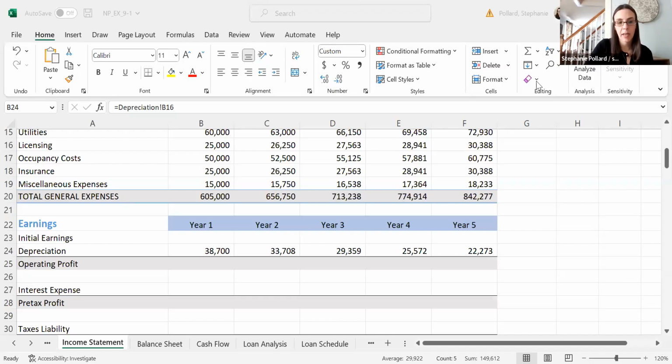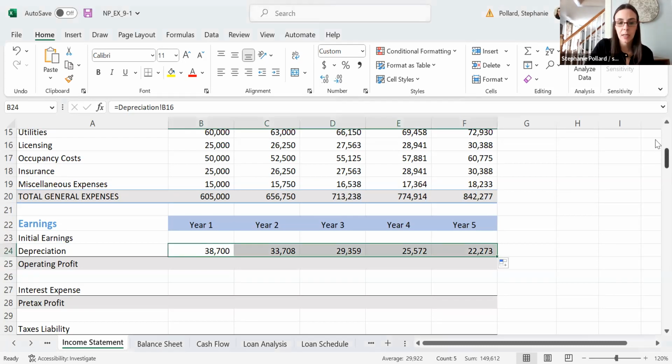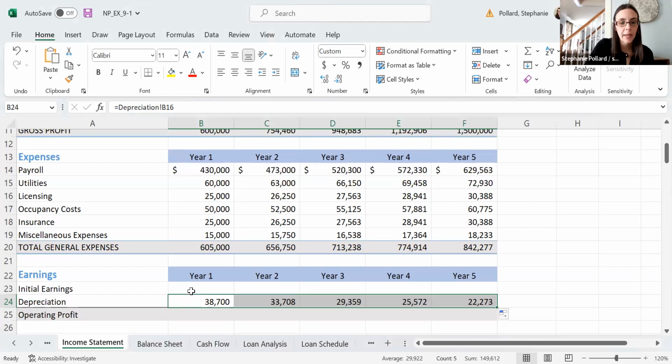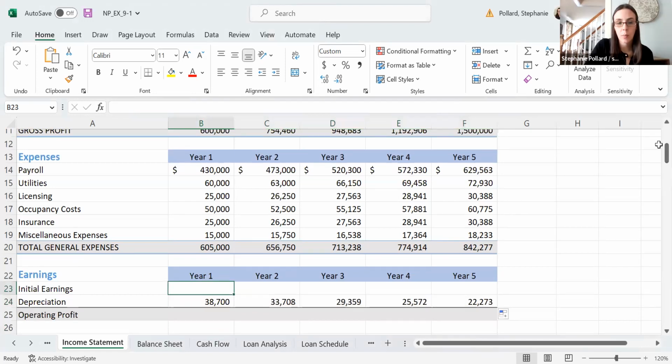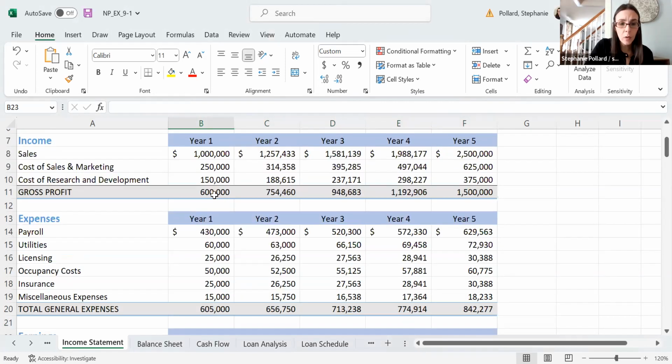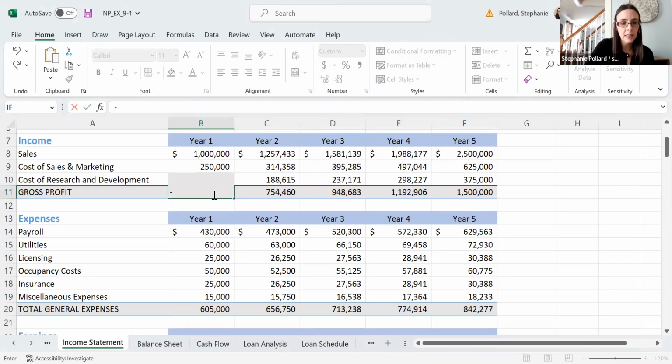Now, I hadn't entered in my initial earnings yet. You may have already done this if you've been following along in the text, but I skipped it in one of my videos.